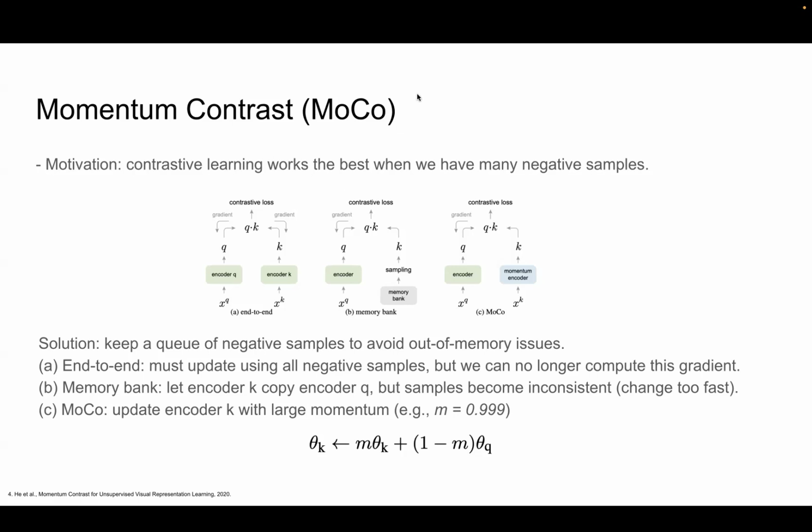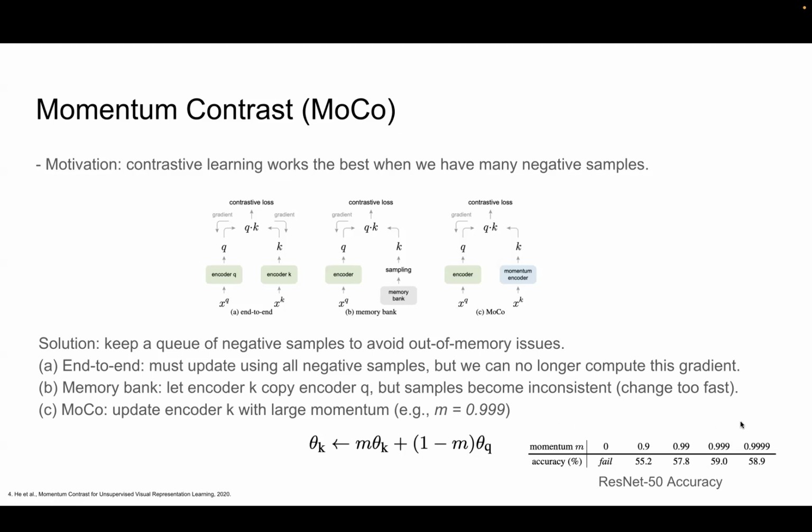What this MoCo paper proposes is the approach on the right. They use a momentum encoder, which only updates the encoder for the key a little bit based on the current query encoder. If you look at the equation at the bottom, they use a very large number for M, which is very close to 1.